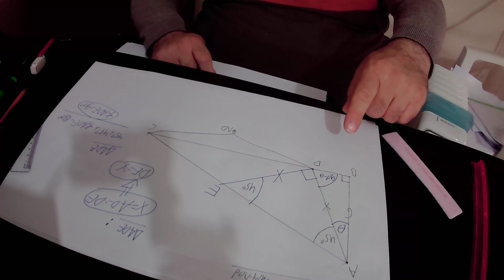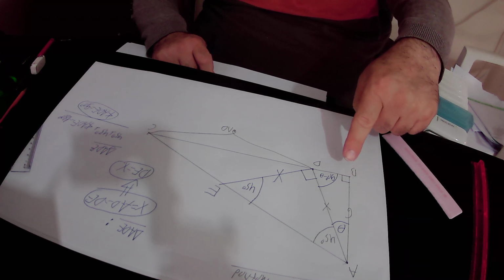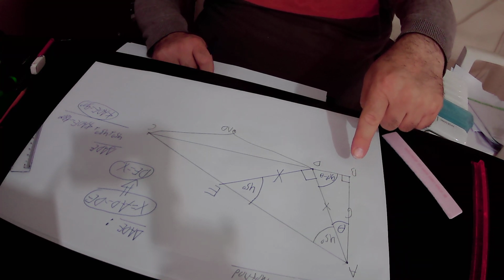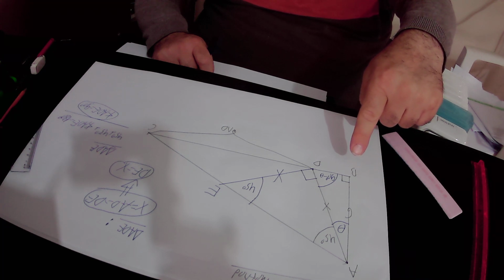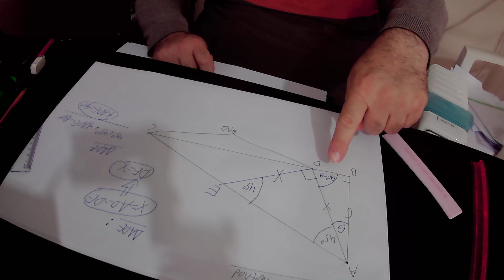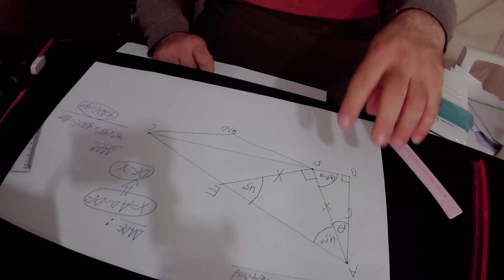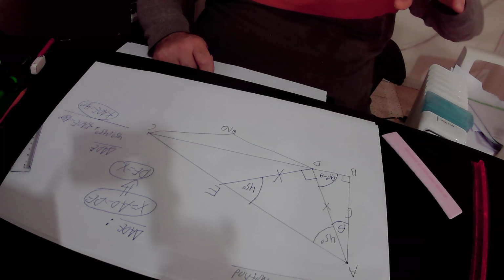Because 90 degrees minus theta plus theta is 90 degrees, and 90 degrees plus 90 degrees is 180 degrees. That is the reason that this angle must be equal to 90 degrees minus theta in order to complete the sum of the angles in the right triangle ABD to 180 degrees.